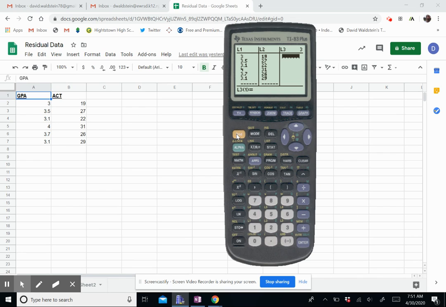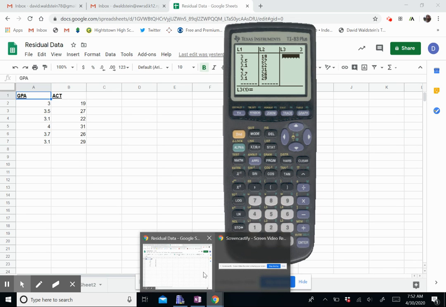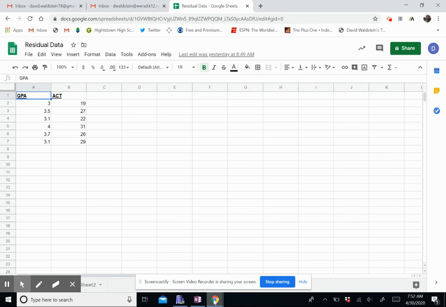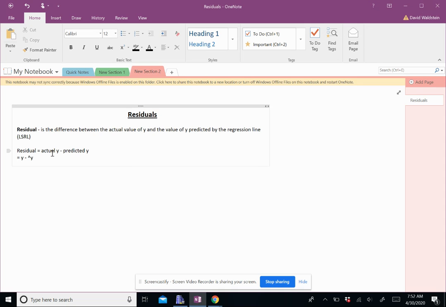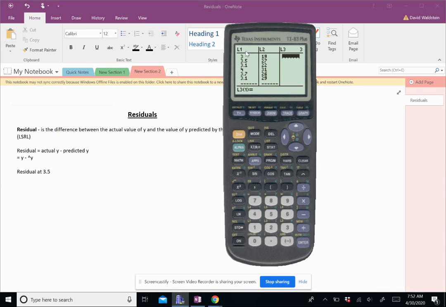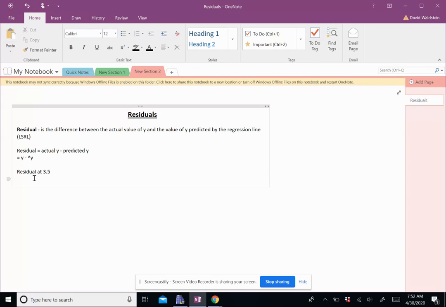So this is our actual data. If we want to find our residual, let's say the residual at a GPA of 3.5. So if I want to find the residual at 3.5, what I'm going to do is take the actual ACT score at 3.5, which is 27.